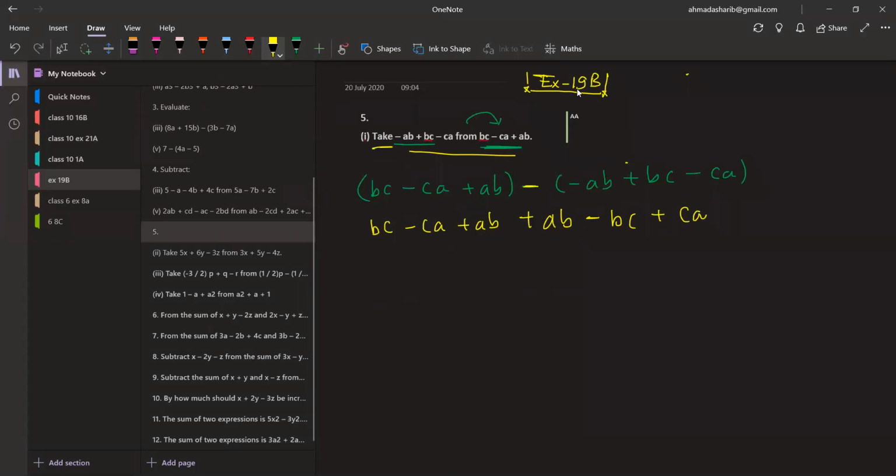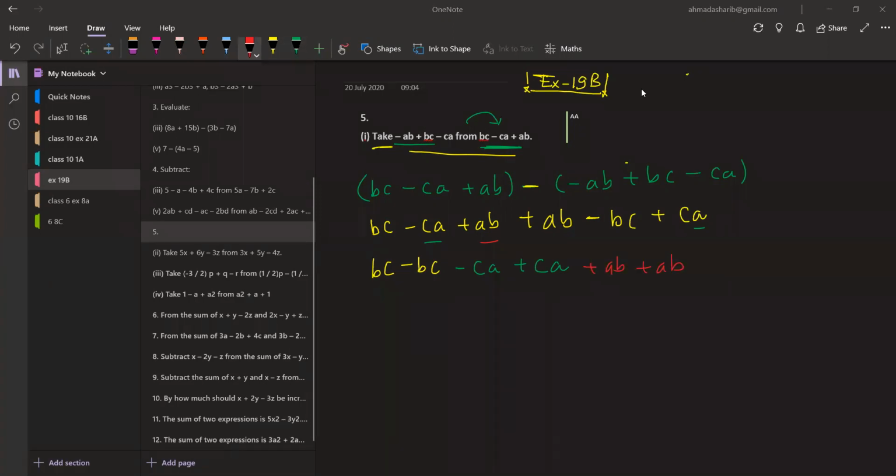Now write like terms with each other. So BC and this minus BC, then CA minus CA, and this plus CA, and then AB, and then AB.